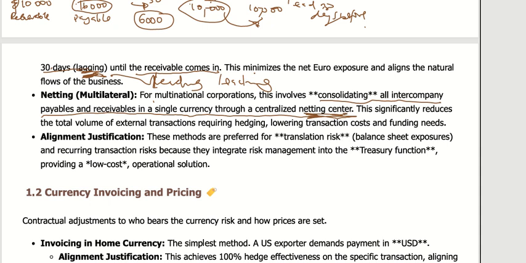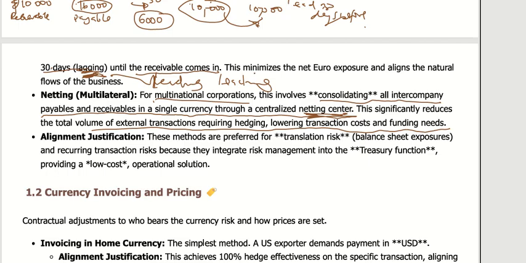So again, this is mostly common for multinationals. What we are saying is that it significantly reduces the volume of external transactions requiring hedging, lowering the cost and the need for funding.